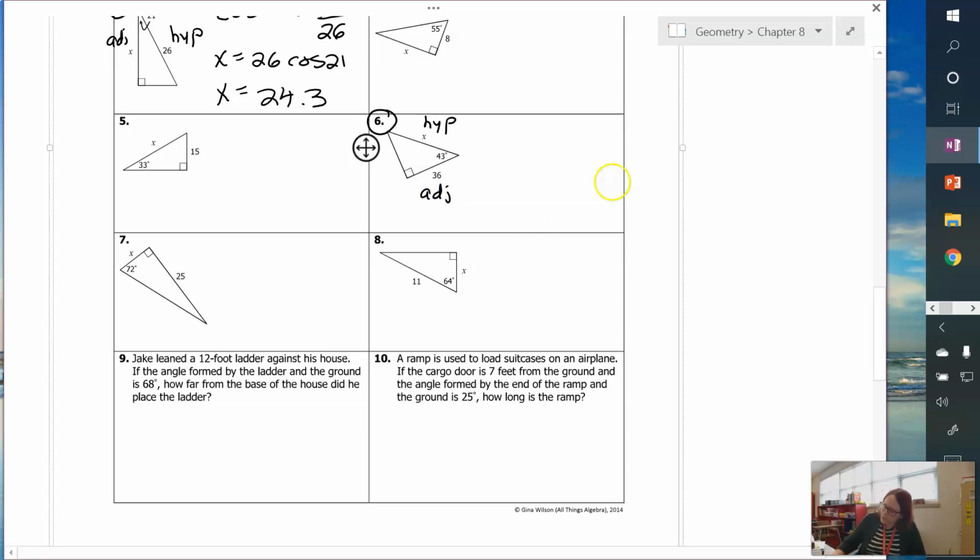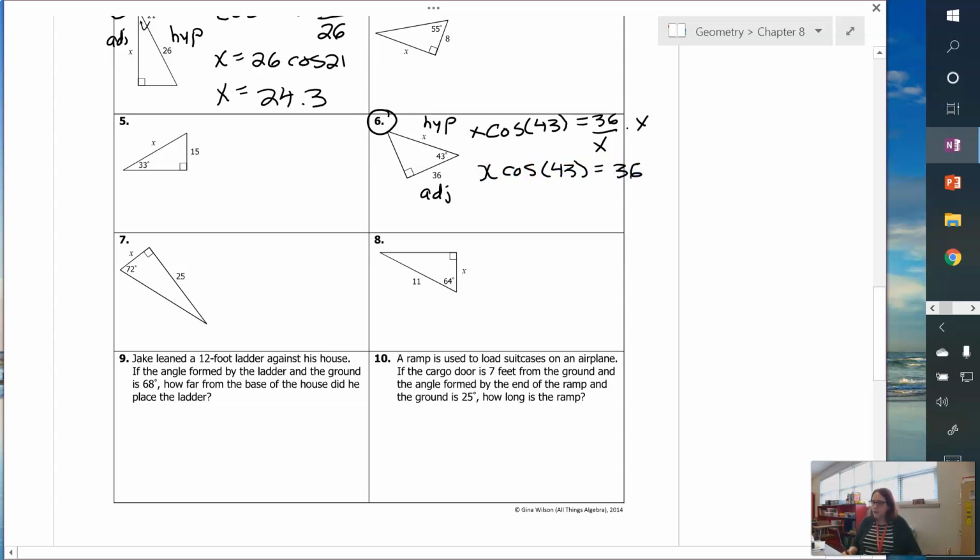So I've chosen cosine. Writing my equation, cosine is 36 over x. X is now in the denominator. When I multiply both sides by x, here's what happens. You get x times the cosine of 43 equals 36.